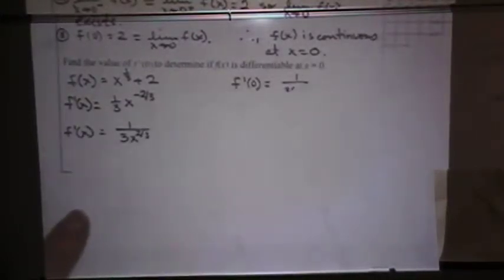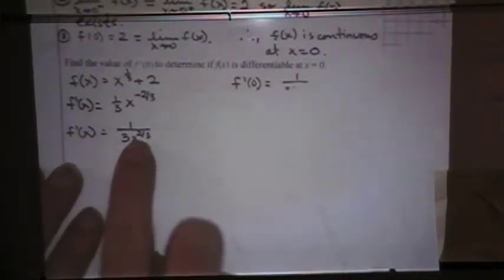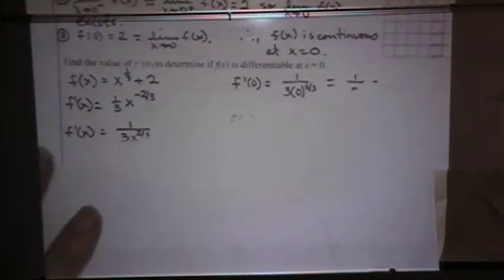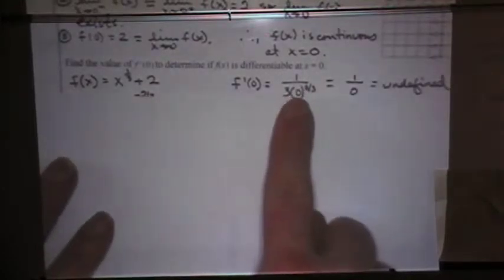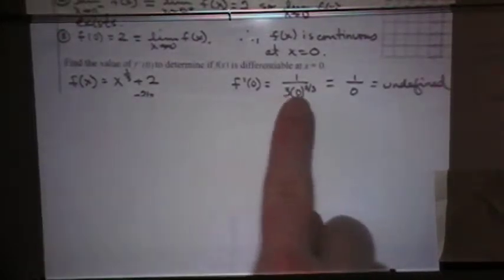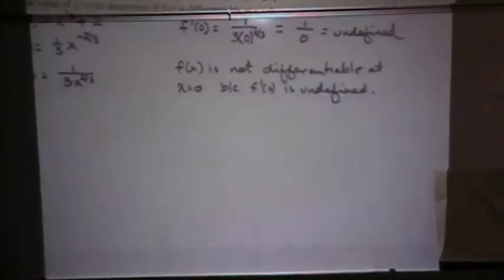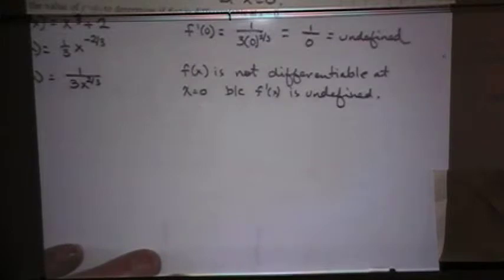And you can write that as 1 over 3 x to the 2/3. And then plug in your value of 0. So I plug in here, and because 0 times anything is 0, it is undefined. So f of x is not differentiable at x equals 0 because the derivative is undefined there.